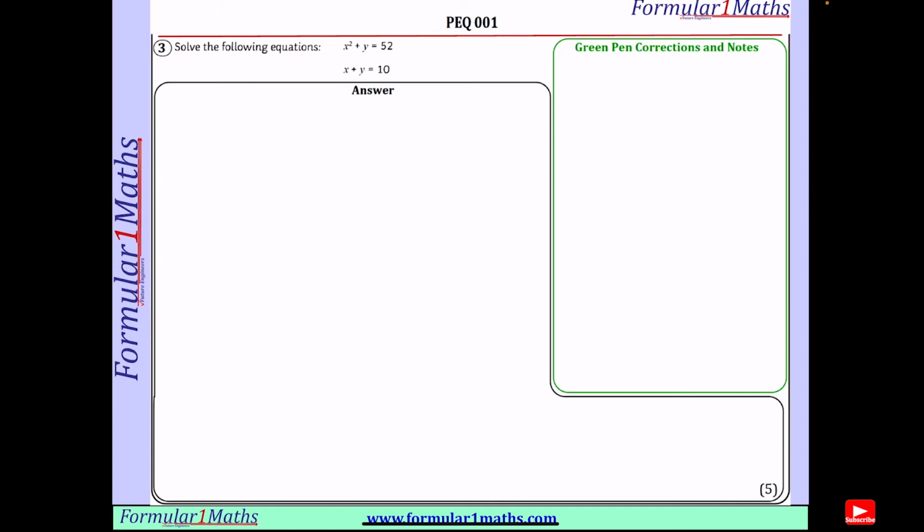We are going to write the 2 equations down to get this and that. If we label the first one as equation 1 and the second as equation 2, then we are going to subtract equation 2 from equation 1.